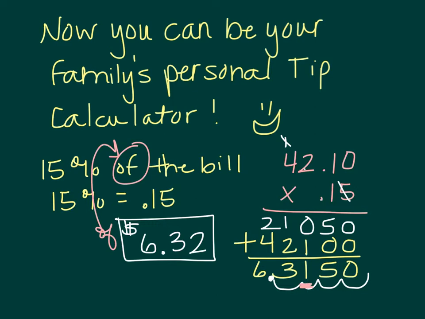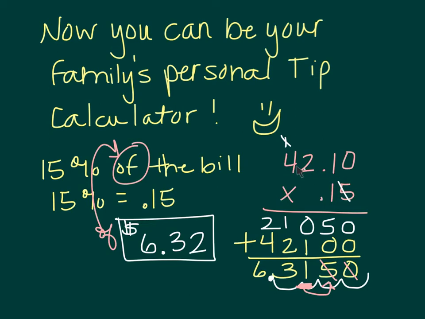Dealing with money, we don't write money with thousandths or ten-thousandths. So if we round to the hundredths place, we look next door to the right, and the 5 tells us to give it a shove. So that one becomes a 2, and $6.32 would be the tip that you would add on to your total bill at the restaurant.